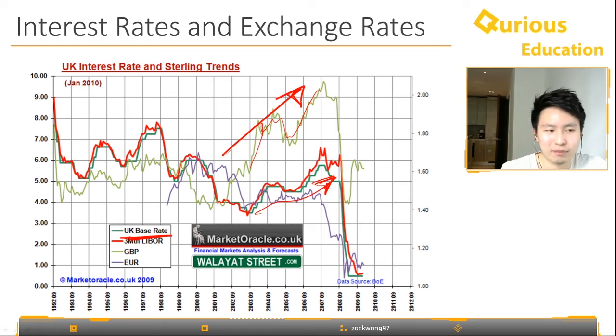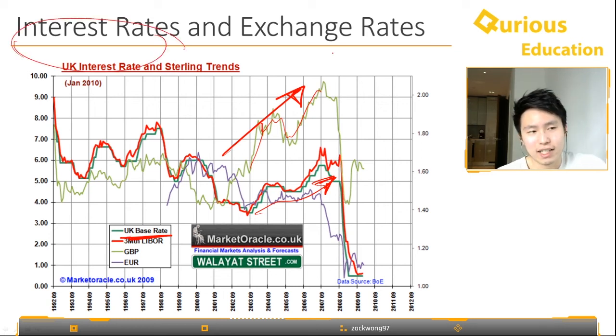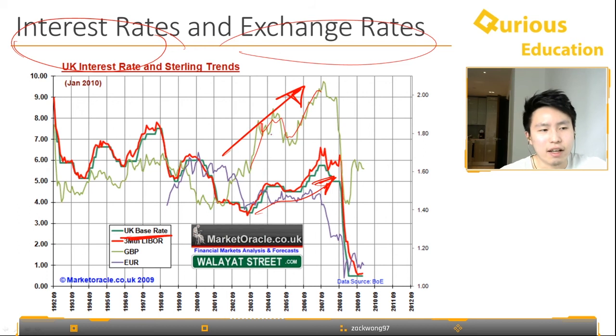But yeah, if we go back to interest rates and exchange rates, we can see that they would actually affect each other. In general, when interest rates increase, exchange rates or the value of our currency would also increase.